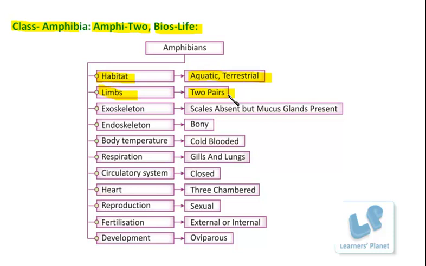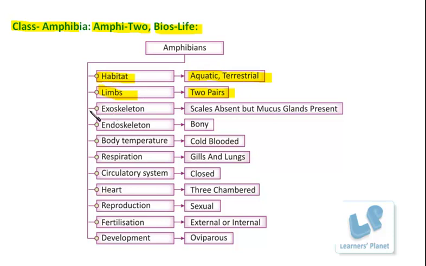And usually in this group, that is in Amphibia, the limbs are modified for swimming in water and jumping on the land. So these organisms show modifications accordingly so as to adapt to the life they lead in water and on the land.